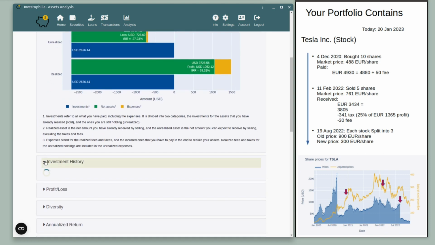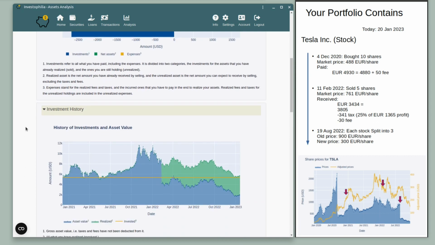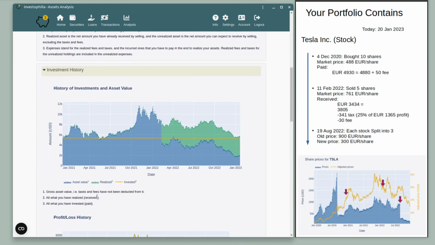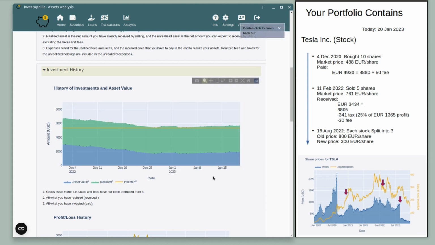So if we look at the investment history, we can see altogether if we won or if we lost something. If we add the asset value and the realized part of our assets together, and they are more than the invested amount, this orange line, that means altogether we gained. And this seems to be the case here.